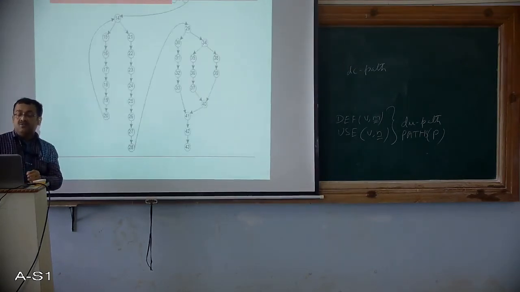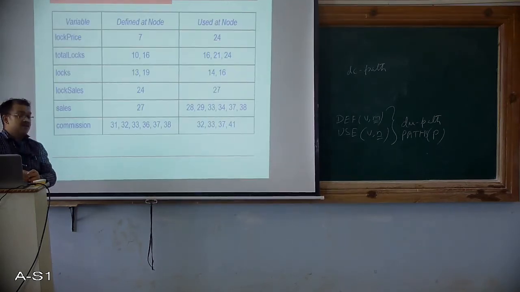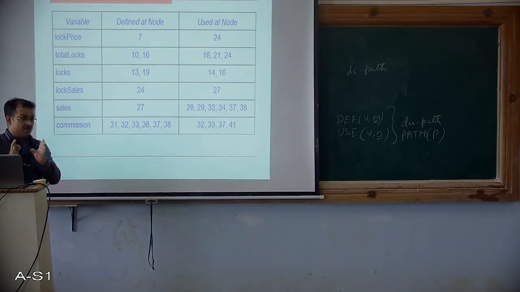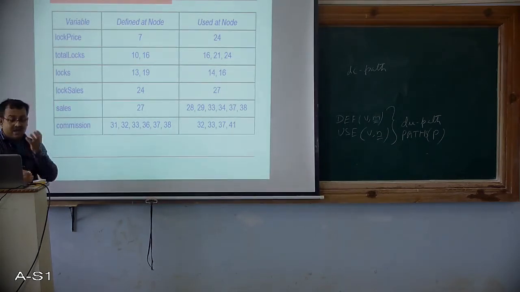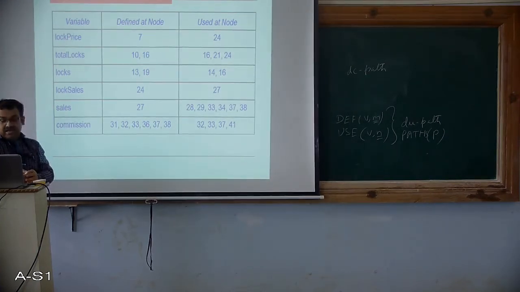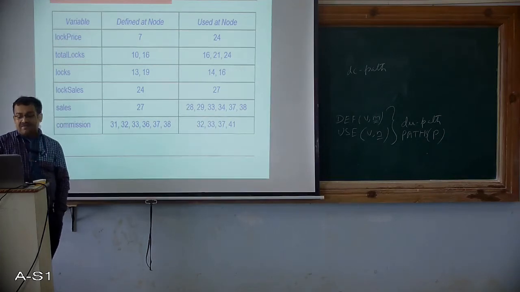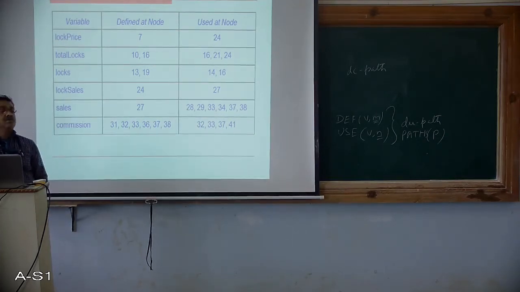Now, this is the primary component that you have to identify. Try to identify the define-use nodes in every program flow graph. It is done in terms of a table here. You can see the log price is defined in statement 7 and used in node 24.